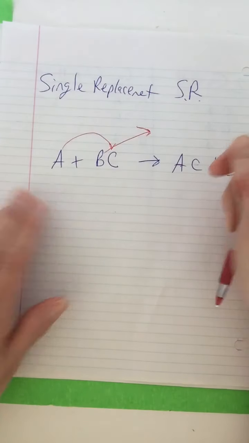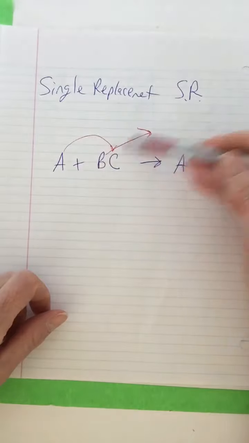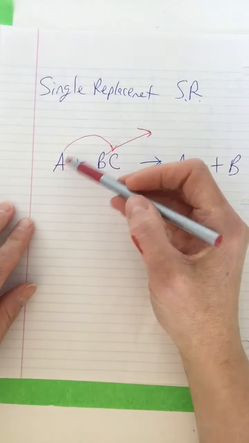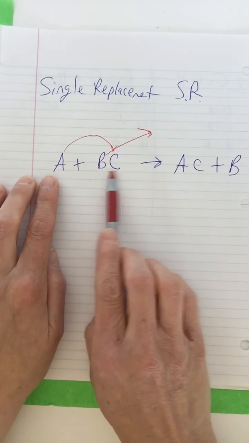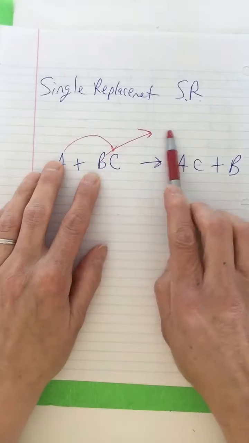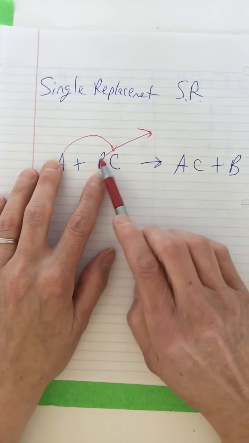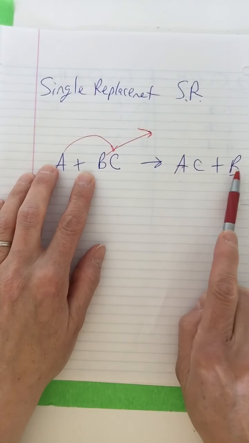Single replacement. So you can think about that any way you want in terms of couples or in terms of dancing. As usual I say there's square dancing in class, so we talked about that. So one guy was alone, a metal was with a compound, and the metal bumped it out. This metal was better than this metal. This guy got the boot, and a new couple was formed, and the B was all alone.